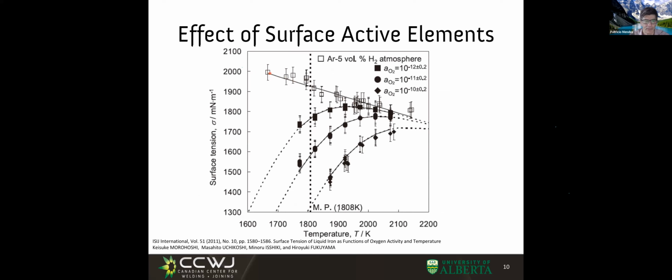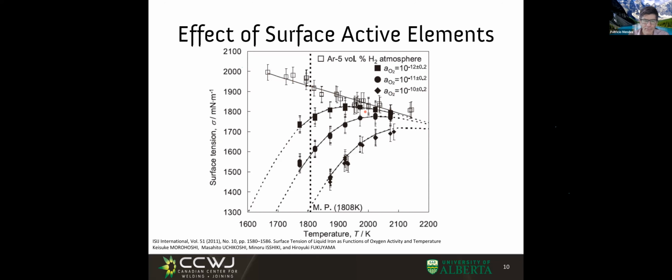Pure steel. And it says that at low temperatures, we have high surface tension. And as we increase our temperature, surface tension decreases. To some extent, it's more or less like saying that higher temperatures weaken the surface tension.